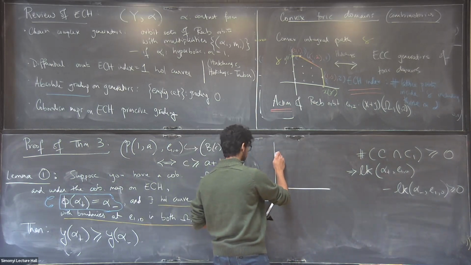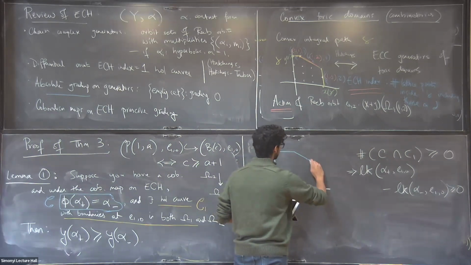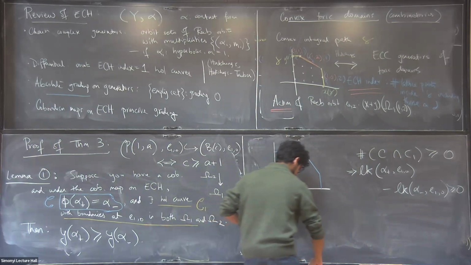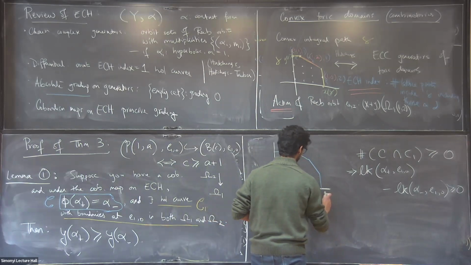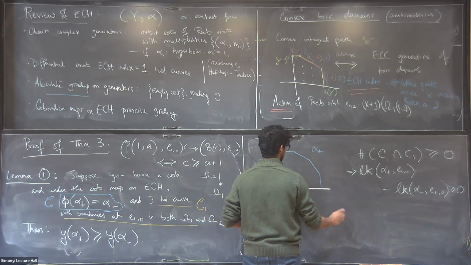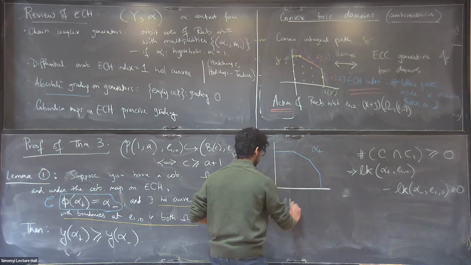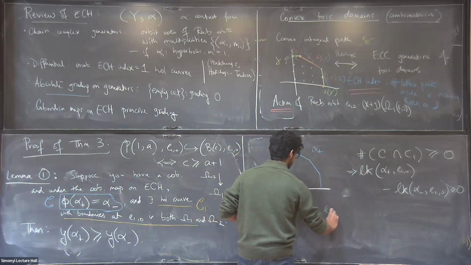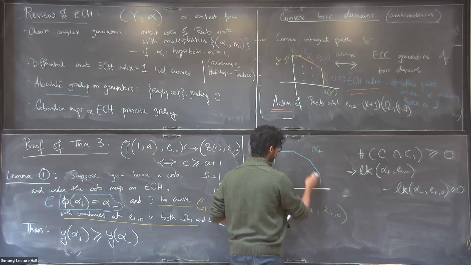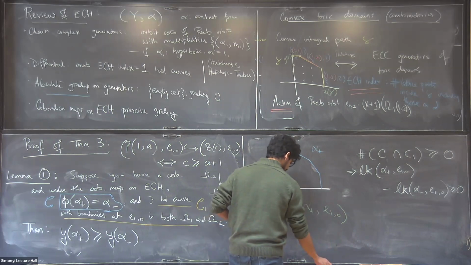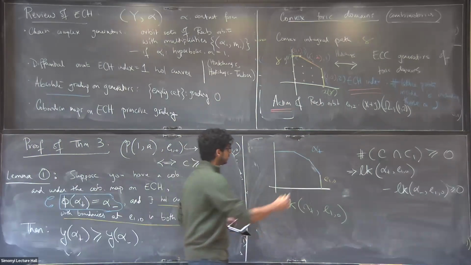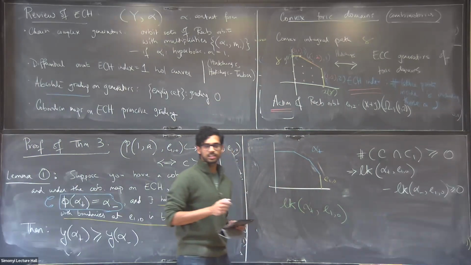Well, let's draw a combinatorial generator and see if we can figure out the linking with E10 from this picture. Suppose this is alpha plus, and you want to figure out the linking of alpha plus with E10. Remember that this edge represents E10, and these are Reeb orbits that are distinct from E10.